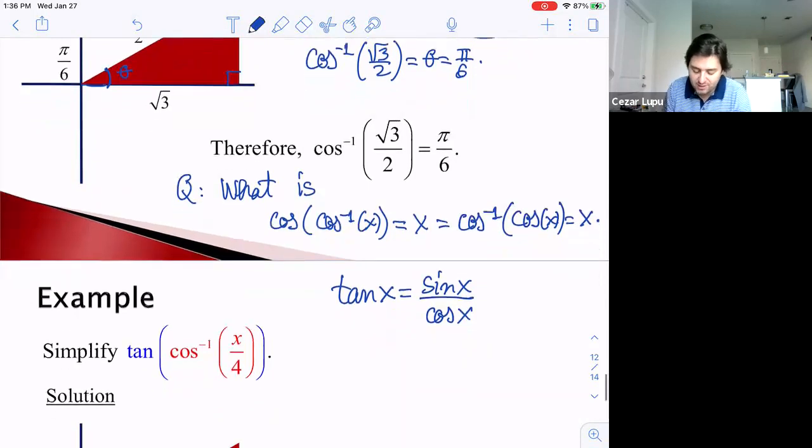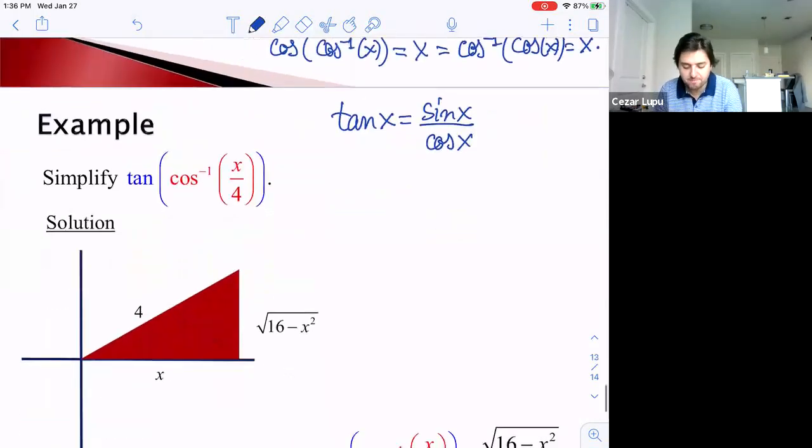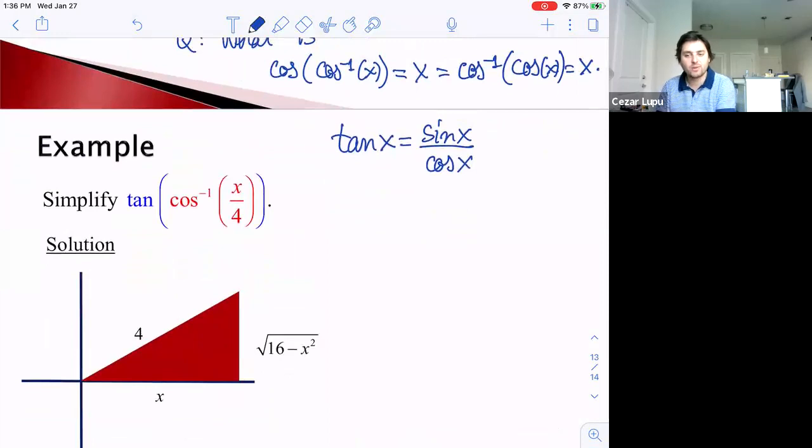All right, let's draw the triangle again. That's why I would like to use this method, because it's important. You have here x over 4. So this x over 4 has to come from some kind of right angle triangle in which x will be the adjacent leg, or maybe it's the opposite. You don't know that yet. But since you have to deal with the cosine inverse, maybe you'll think of cosine of theta.